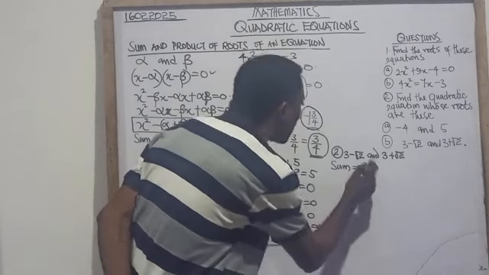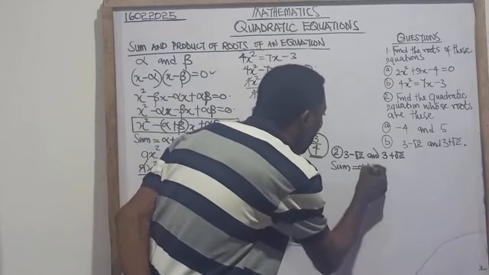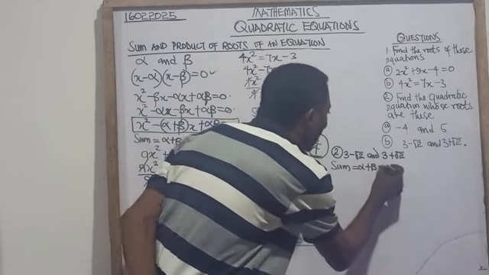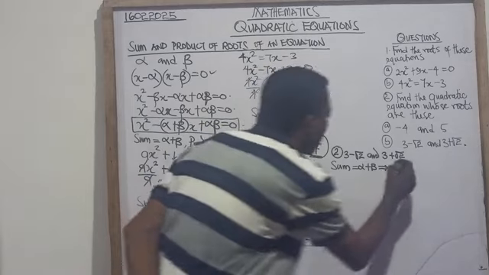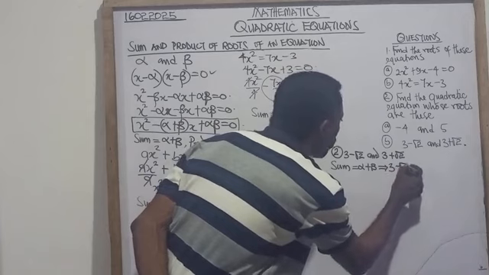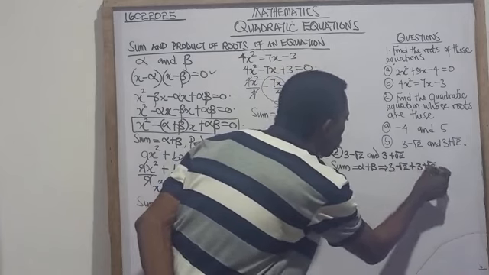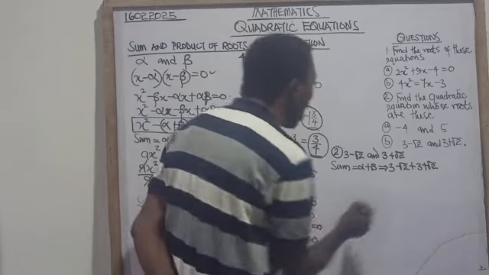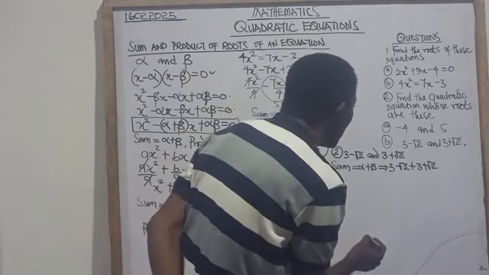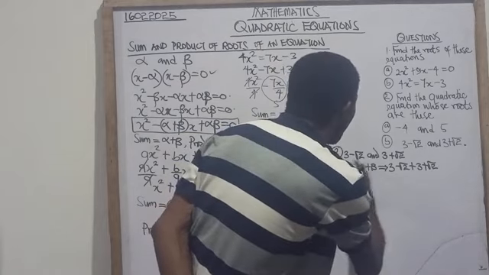The sum will now be alpha plus beta. That implies that we have 3 minus root 2 plus 3 plus root 2. So that will be 3 minus this and 3 plus this.